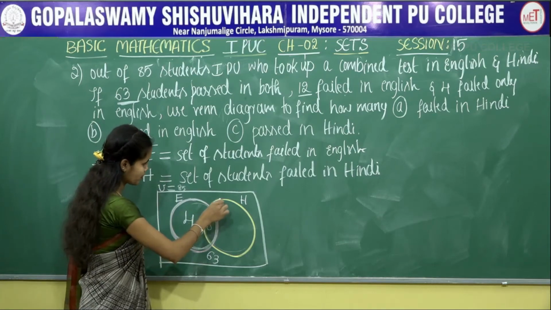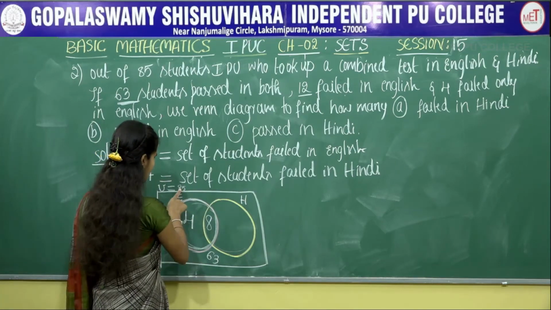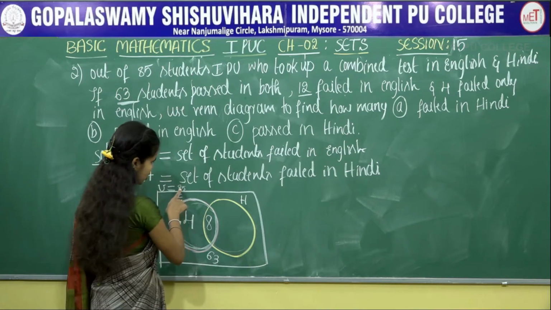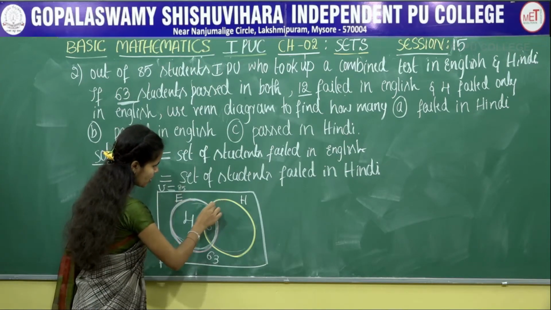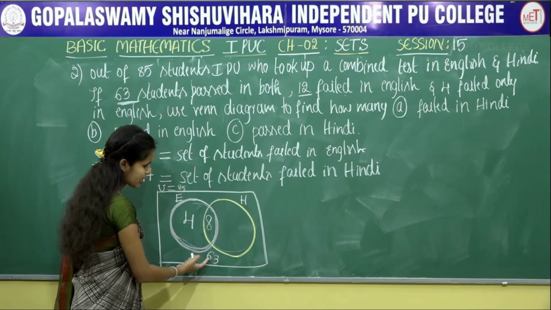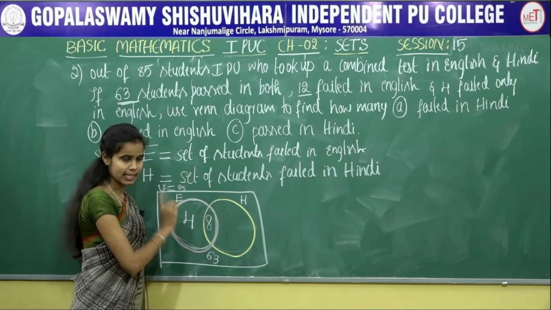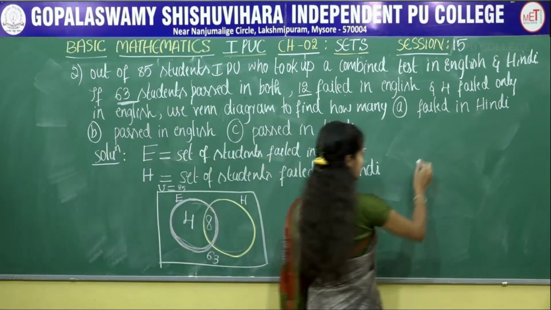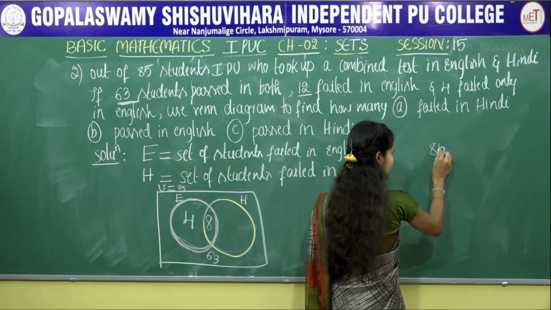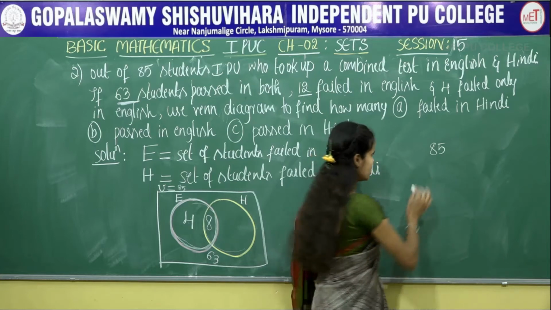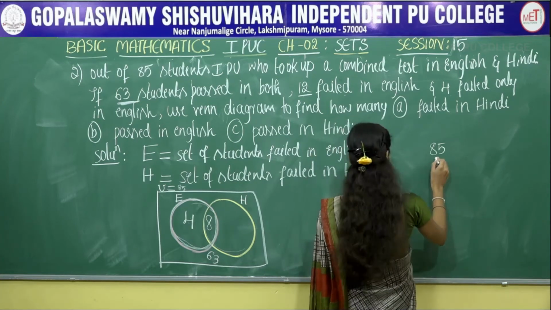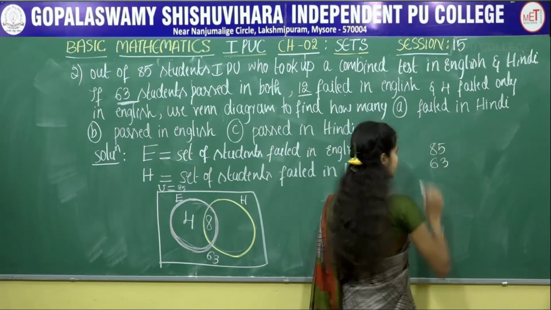Here observe, okay, out of 85 students, 63 students passed in both English and Hindi. So calculate remaining students. We have total 85 students. Out of 85 students, 63 students passed in both.